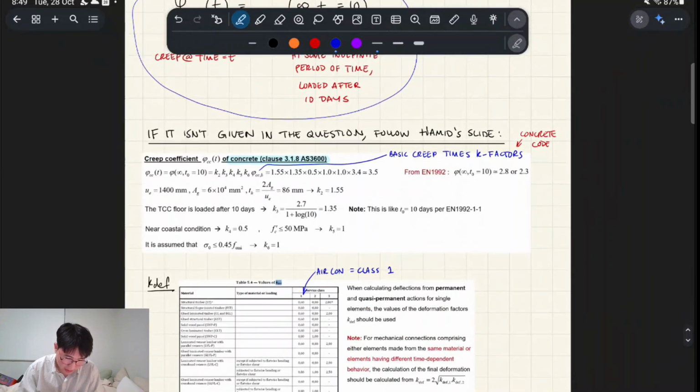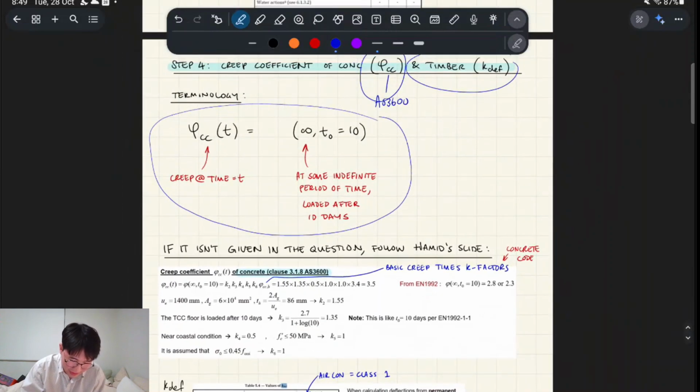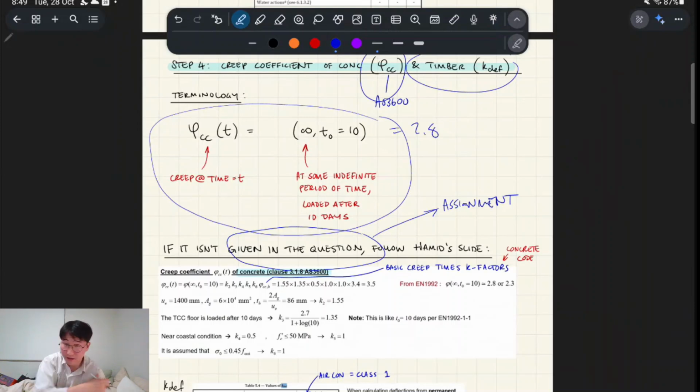Okay, so here's where I get lazy and just screenshot from the lecture slides, but this is from a worked example. Why I say if it isn't given in the question is because in your assignment, it is given. So you can skip all this. They just give you straight up, this is equal to some number. I think it's like 2.8 or something.